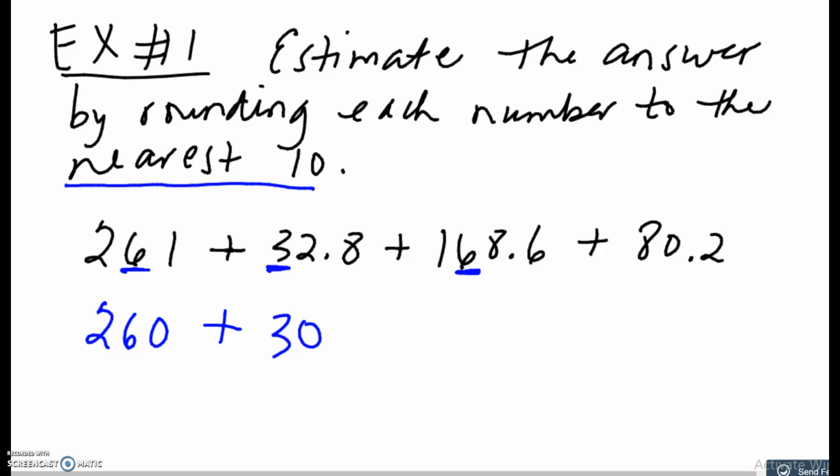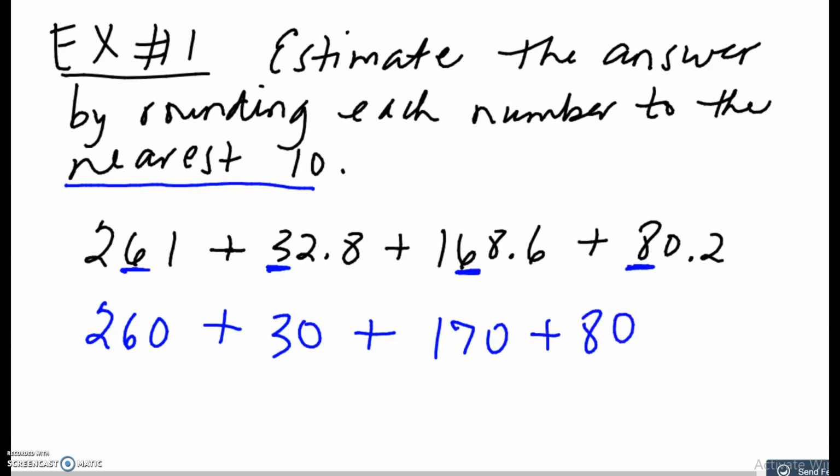So 168 and 6/10 rounded to the nearest 10 would be 170. Again, finally, we are rounding 80 and 2/10. We underline the 8 because it is in the tens place. And 0, of course, is just 0. So we would round 80 and 2/10 to 80.